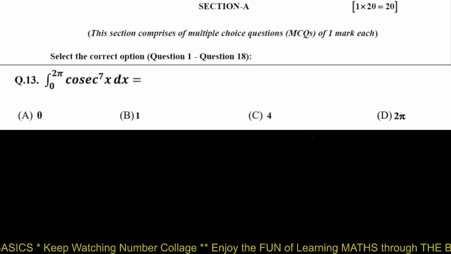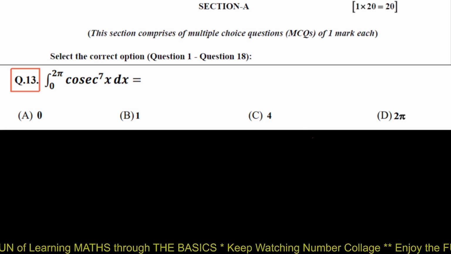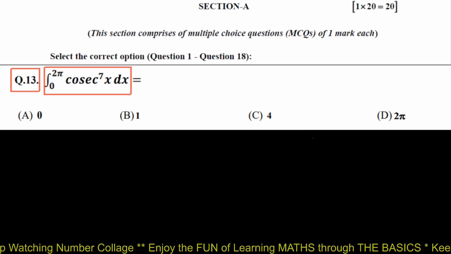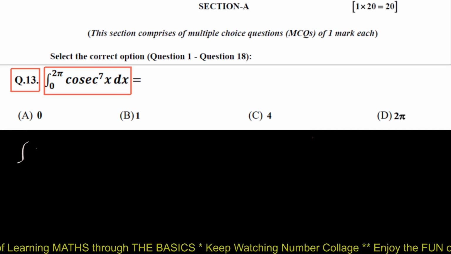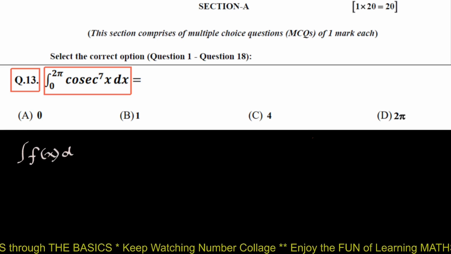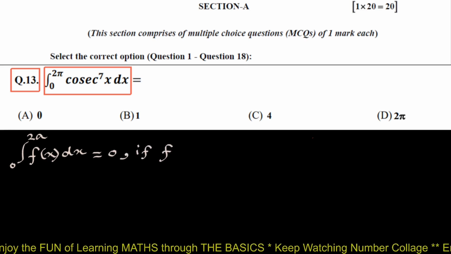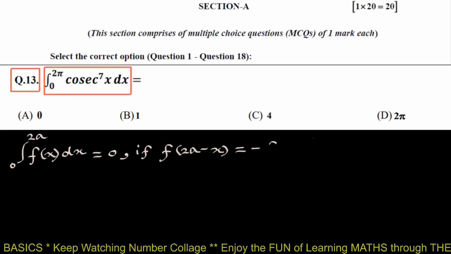Question number 13. We have to evaluate the definite integral from 0 to 2 pi of the 7th power of cosec x dx. According to the rules of definite integrals, integral of f of x dx from 0 to 2a is 0 if f of 2a minus x is minus f of x.